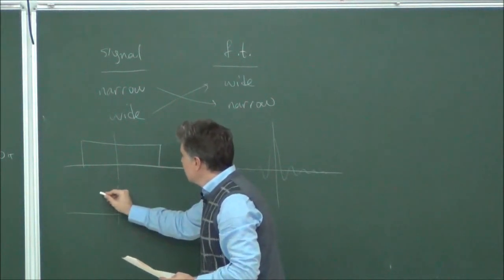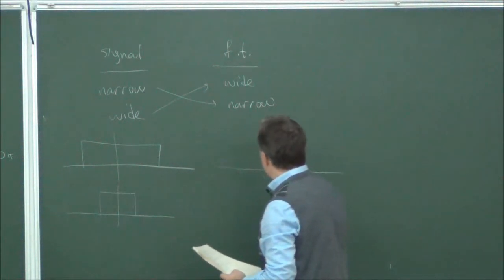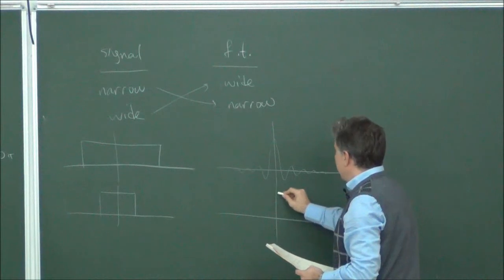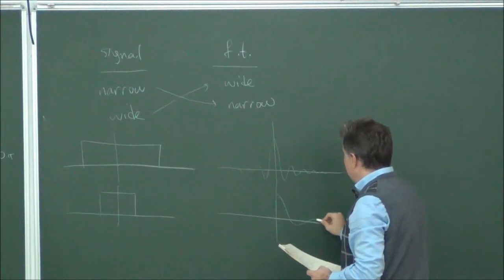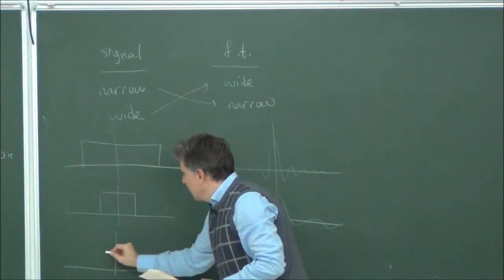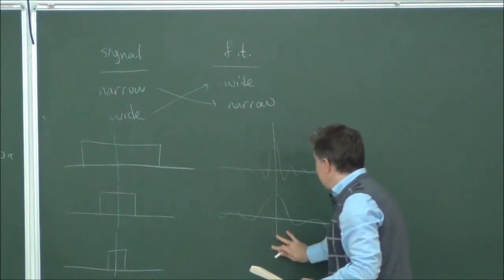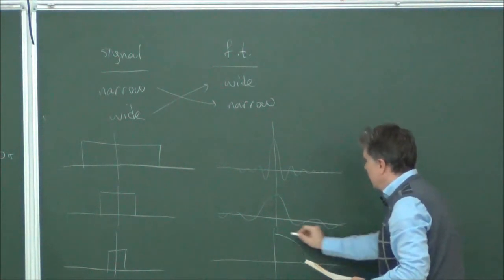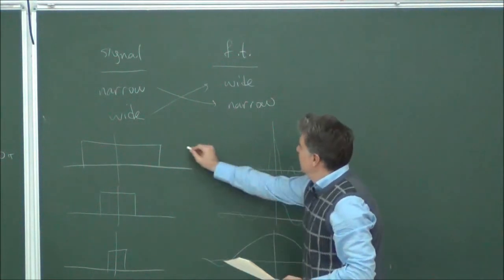And as you make it a narrower rectangle, then the Fourier transform will become wider and wider, like this.